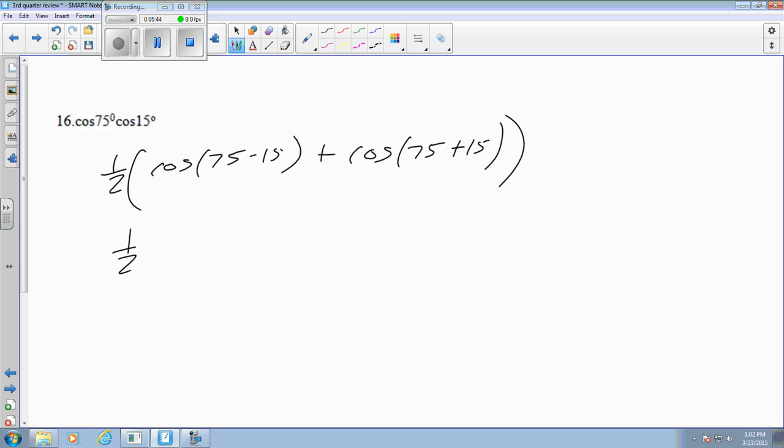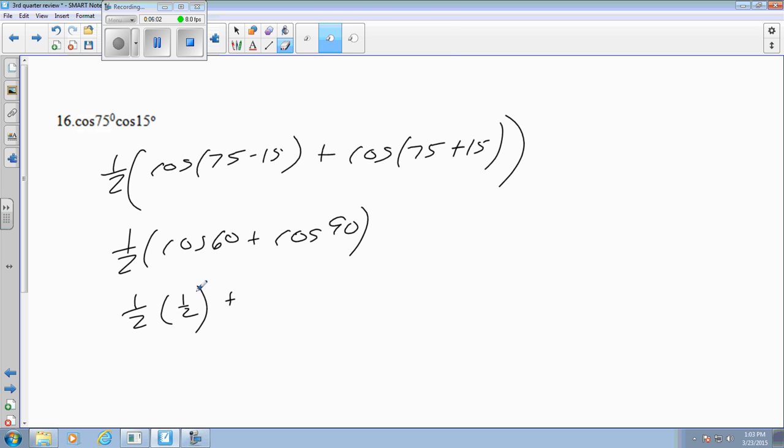So I get 1/2 of the cosine of 60 plus the cosine of 90. And I know that the cosine of 60 is 1/2, and the cosine of 90 is 0. So 1/2 times 1/2 is 1/4.